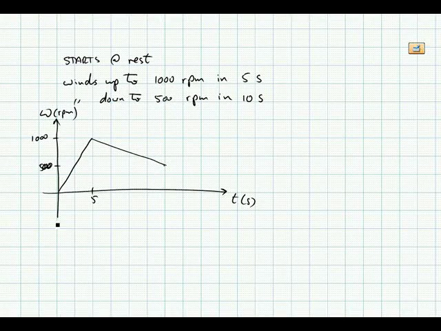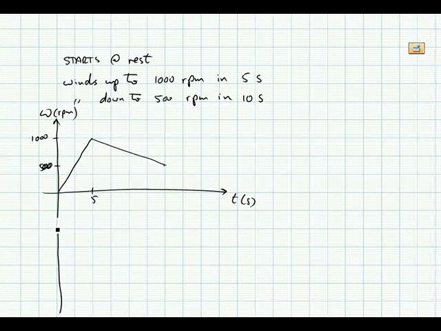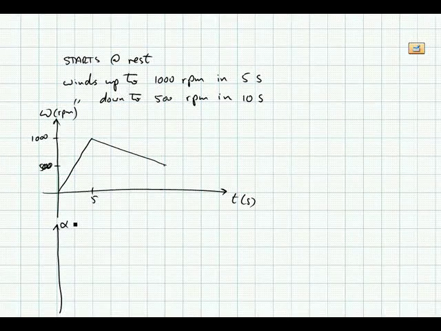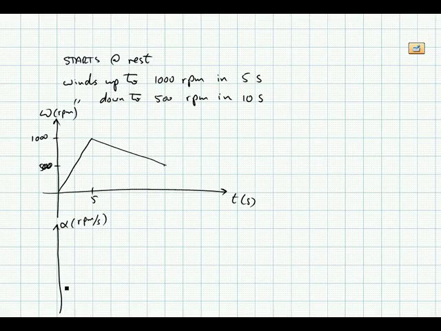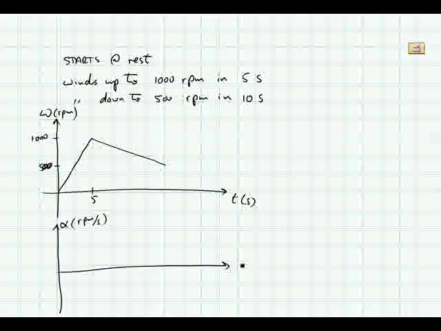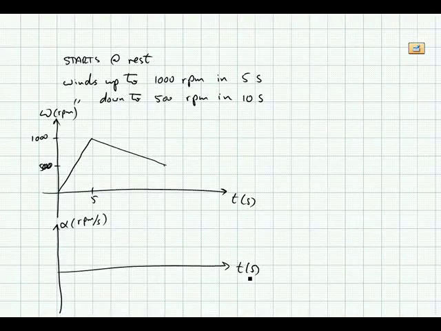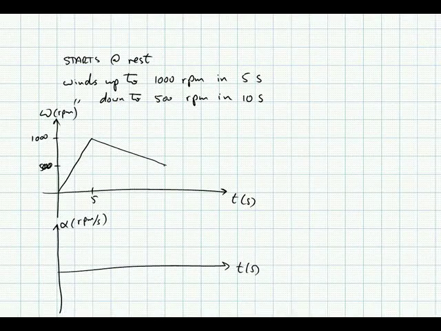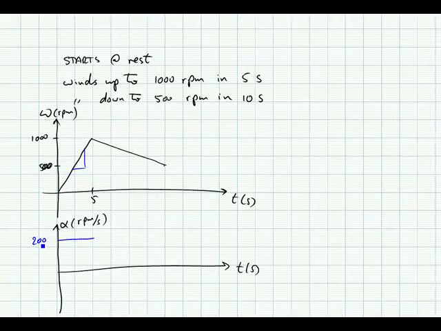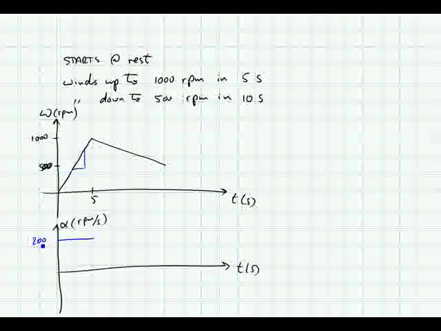To get the acceleration plot, angular acceleration, in this case it will be RPM per second, versus time in seconds again. What we have here is the slope of this line, which is 200 RPM per second angular acceleration.